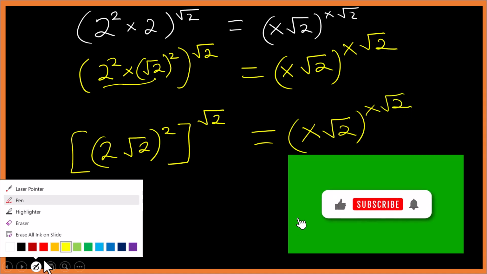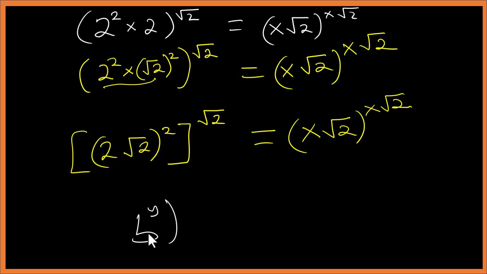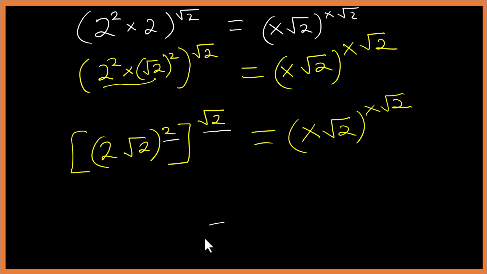Now from here, since we have powers here, when we have b raised to y, all raised to n, it is the same as b raised to y times n. So we have a similar one here, this and that. Okay. All right. So let's multiply the powers.